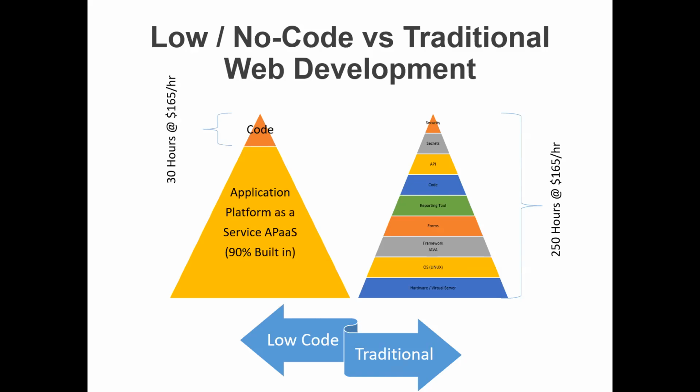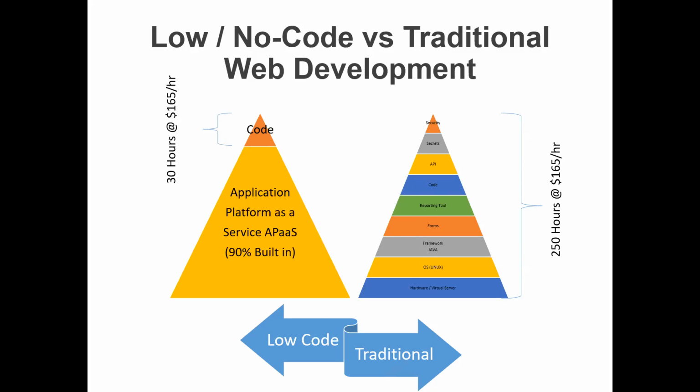That is why it is so difficult and so costly and so time-consuming to develop a web application traditionally, because it has all those pieces and parts. And typically there are multiple people involved in building and constructing a traditional web app, because not everybody is a hardware or operating system guru. Not everybody understands Java and forms and reporting tools or APIs. So we've got a very, very complex pyramid on the right.